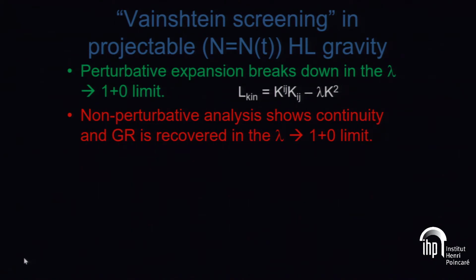In this theory, the kinetic term for the graviton has two terms, Kij squared and K squared, where Kij is the extrinsic curvature, namely basically the time derivative of the three-dimensional metric. In GR, this parameter lambda is 1 because of the 4D diffeomorphism.